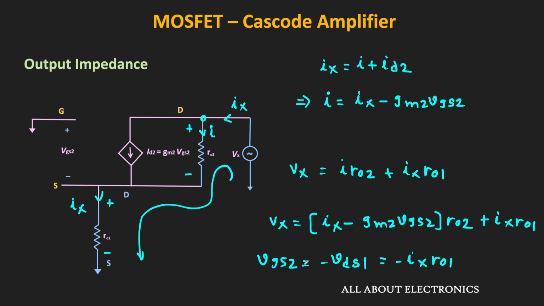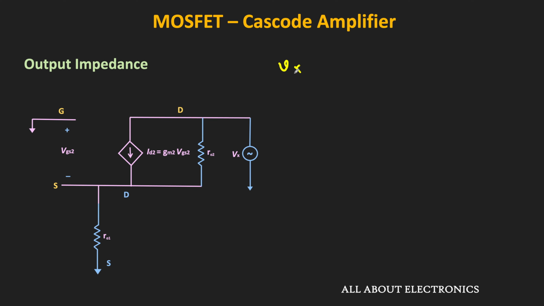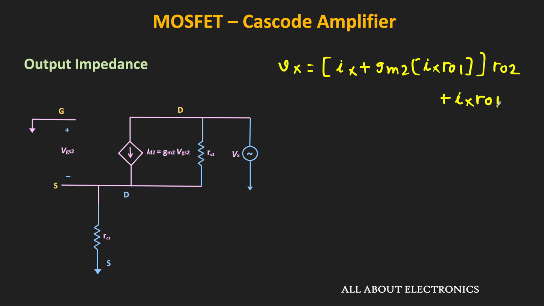That means we can replace this voltage VGS2 by minus Ix times R01. That means we can write this expression as Vx is equal to Ix times R02 plus Gm2 times Ix times R01 times R02 plus Ix times R01.